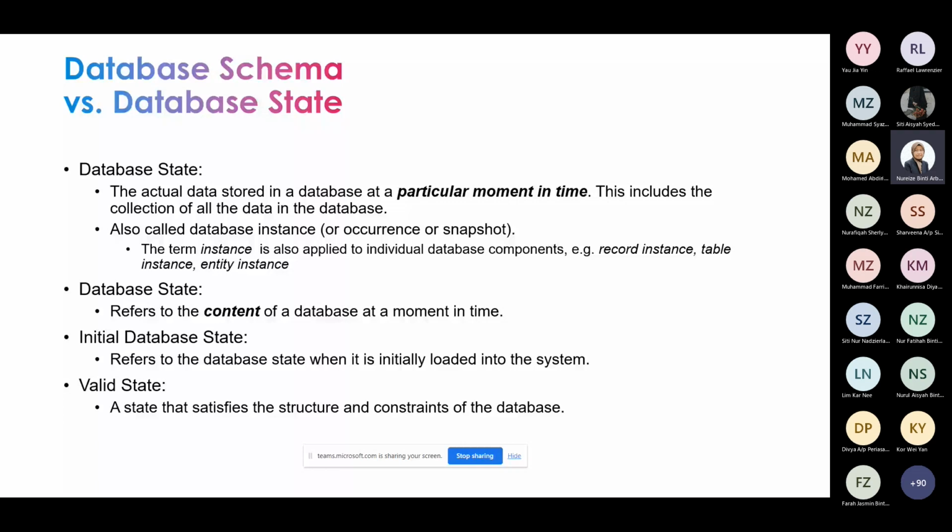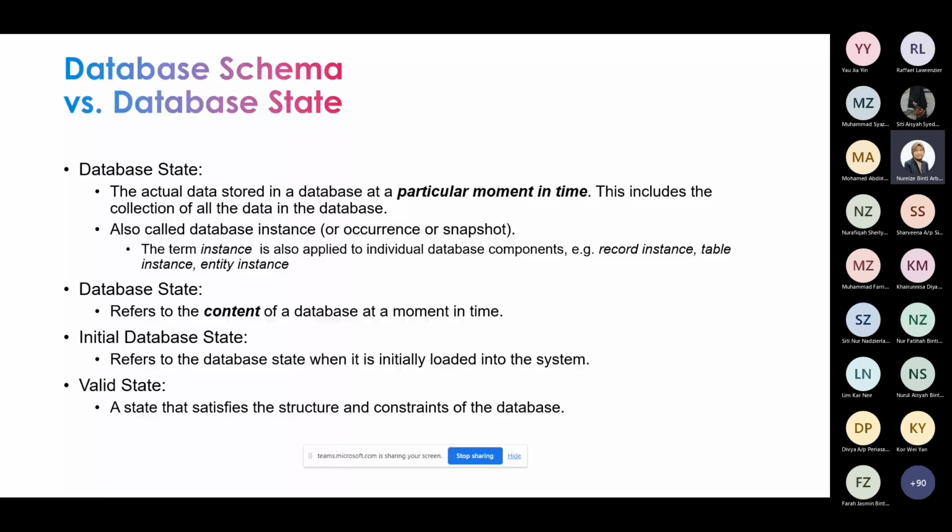That's why we have the concept of a database state. It captures the condition or situation of the database at that moment. This is also called a database instance, occurrence, or snapshot.